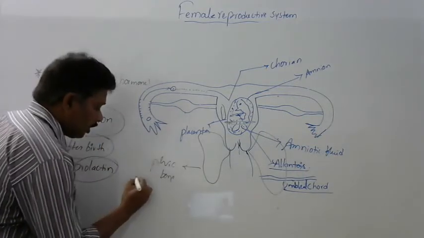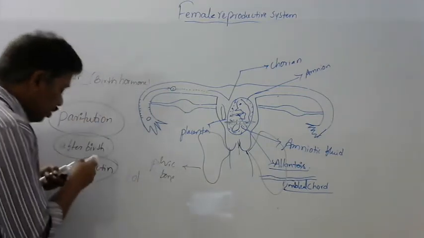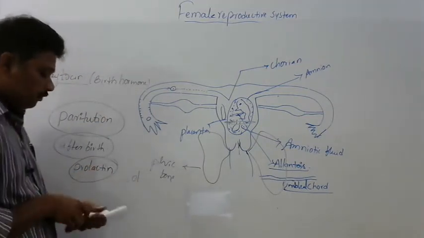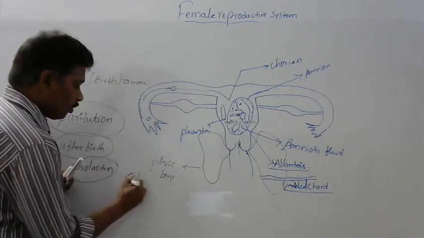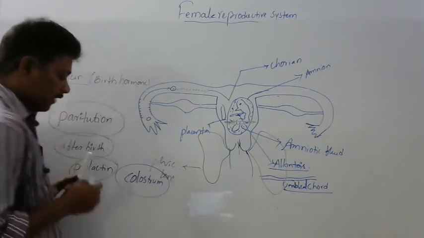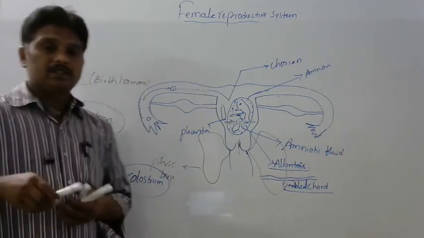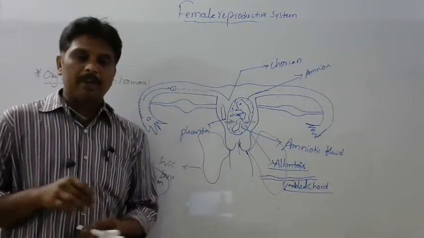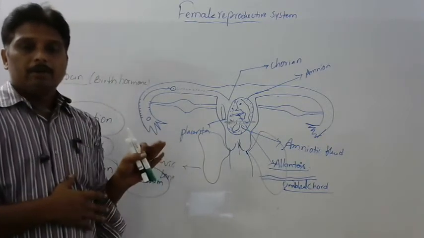The first milk is called colostrum. For the first 1 or 2 days the mother's mammary gland produces colostrum.